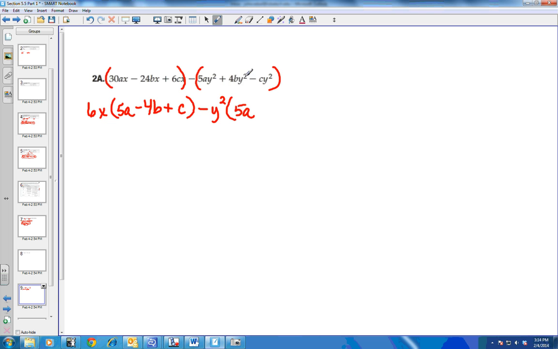If I take out a y squared here, I would have a 4b, but I'm taking out a negative, so that changes the sign to negative. And if I factor out that y squared from the c, I have a positive c left, because I'm factoring out that negative.